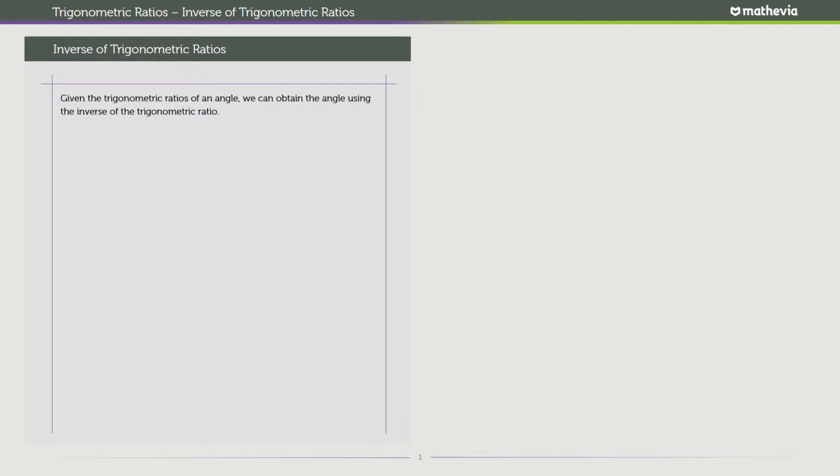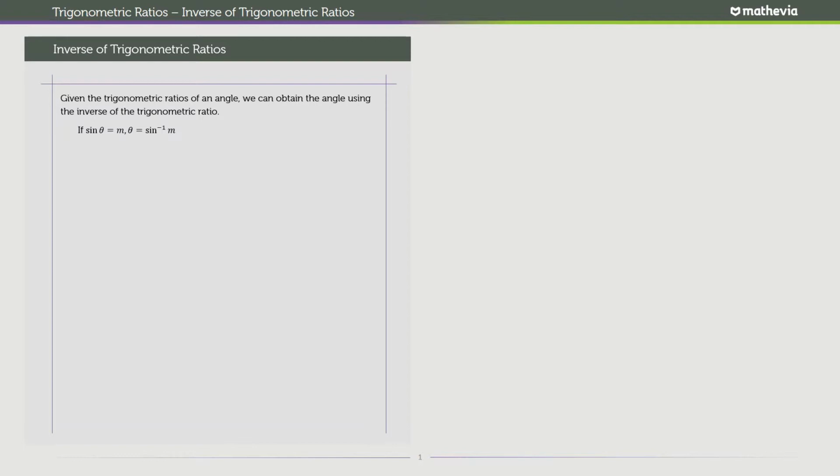Trigonometric inverses reverse that process. If sine theta equals m, then theta, the angle, equals the sine inverse of m. So we have sine inverse, cos inverse, tan inverse.